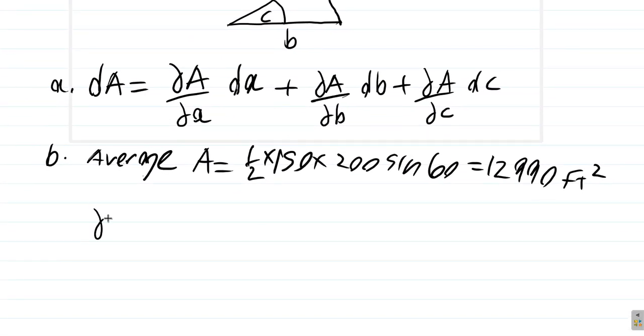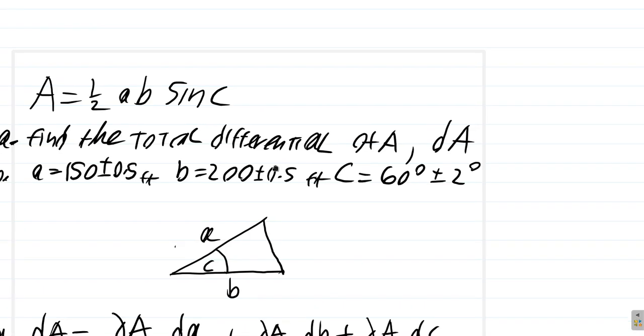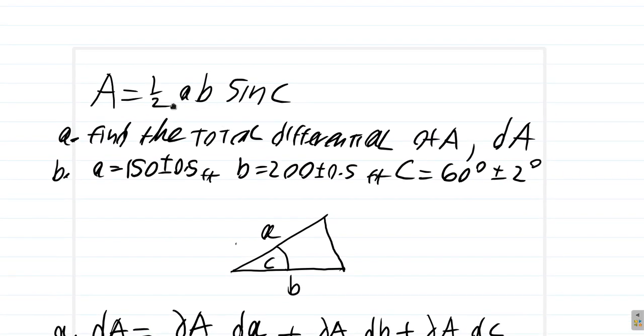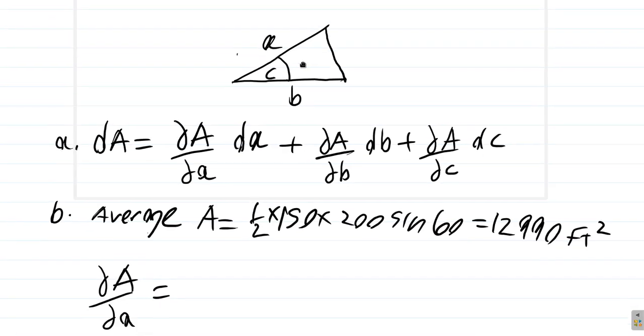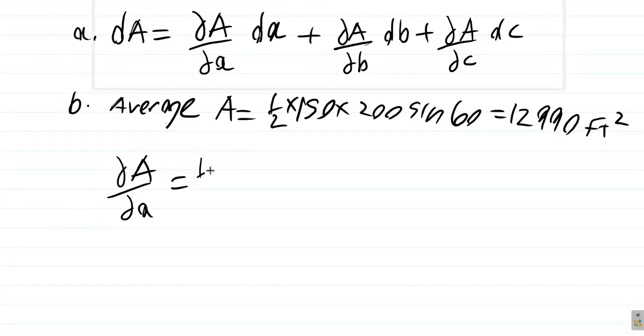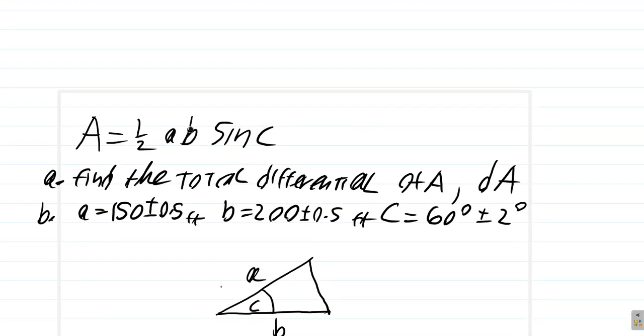So partial area by partial length a equals, using the power rule, half b sine C. Then we find partial A by partial b.